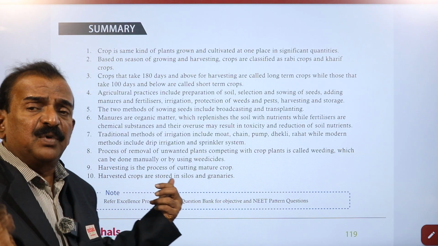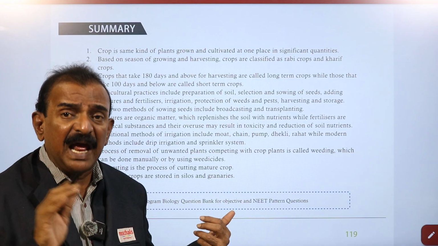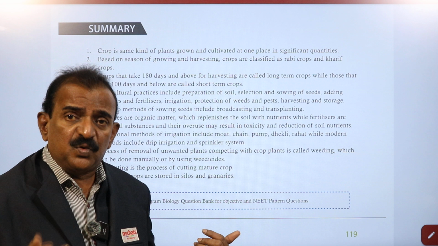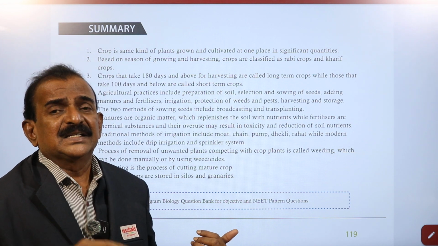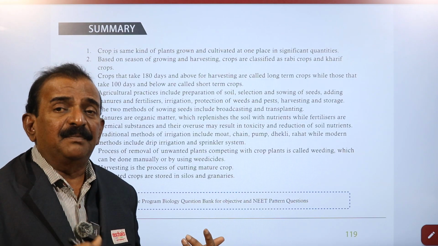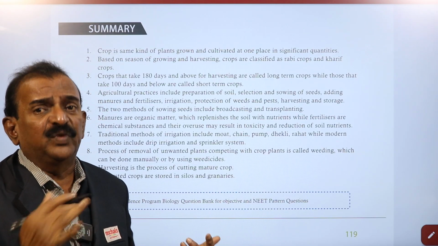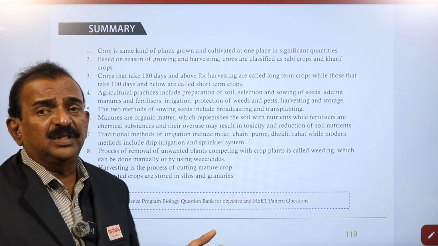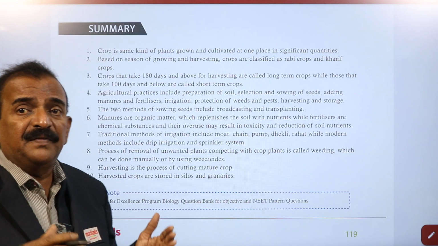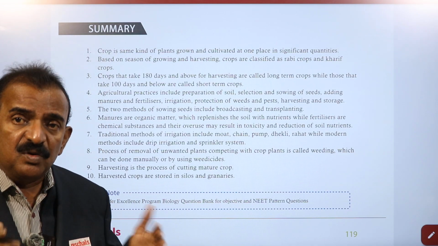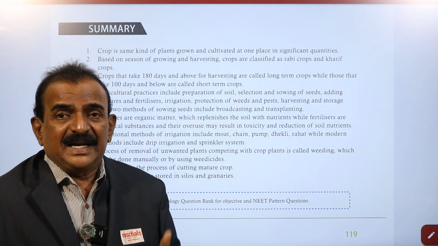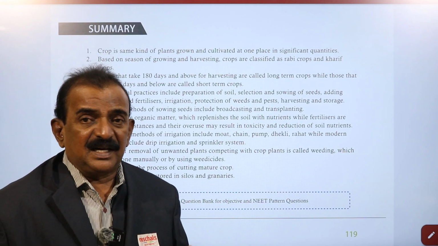And the process of removal of unwanted plants which grow along with the main crop, and compete for air, water, sunlight, those unwanted plants growing along with the main crops are called weeds. So we need to remove the weeds, and that is called weeding. And harvesting is a method involving cutting off the mature crop to separate the grains, and that is called harvesting.